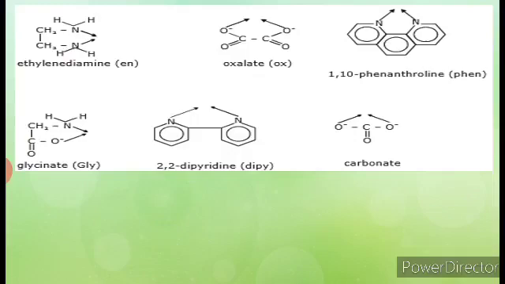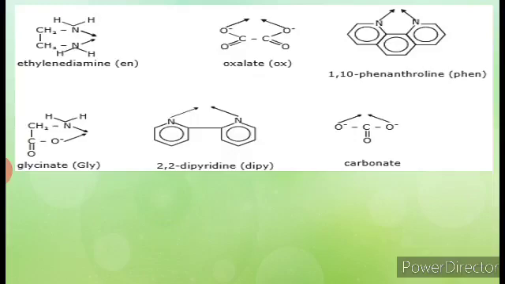Now two pyridines are joined together at the second position, that's why it is 2,2-dipyridine. It is also having two nitrogen atoms with lone pair of electrons, which can be donated to the central metal atom. So it is also a bidentate ligand.